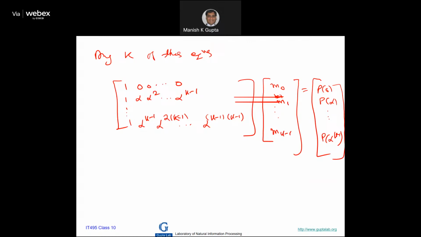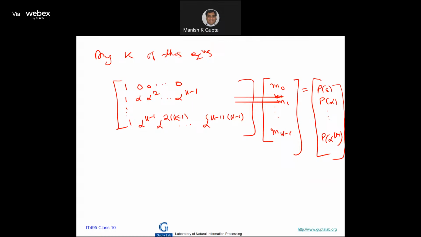A similar kind of expression is there. So this is again a second exercise: what lambda i should I put in that expression so that I get this matrix? Because of this Vandermonde structure, I can say that this is a non-singular matrix.